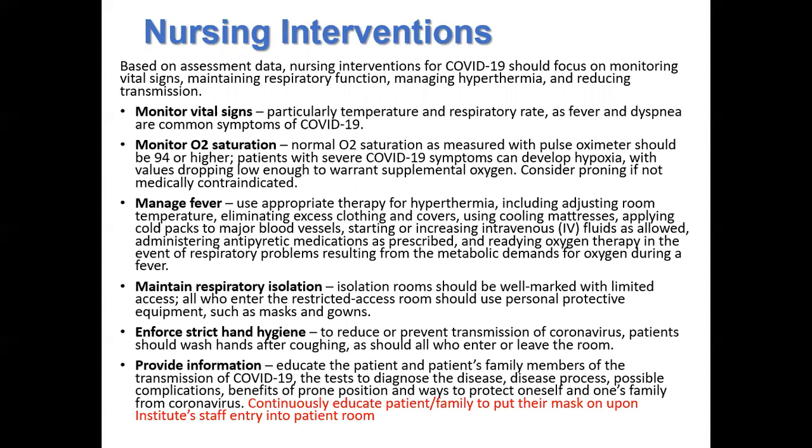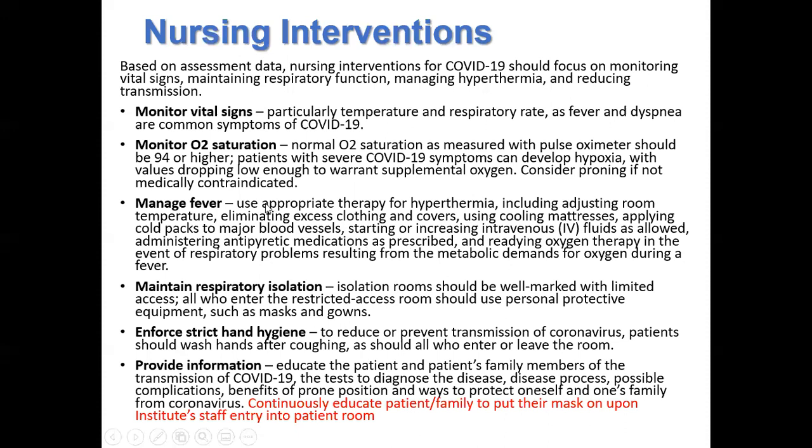Or airborne precautions. Particularly, an indoor environment with poor ventilation increases the risk of transmission. So to prevent infection and to slow the transmission of COVID-19, we should follow some rules and regulations, right?